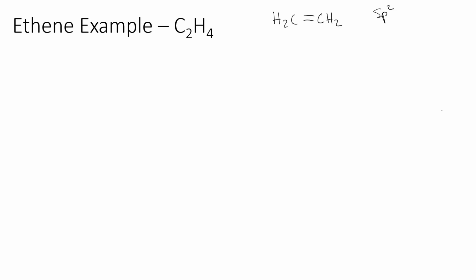So now let's look at this in the context of our hybridization theory and our drawing out all of our hybrid orbitals. So I'm going to draw my carbon atom, and I have 3 sp2 hybridized orbitals. The way that I'm going to draw them is they're all equivalent.